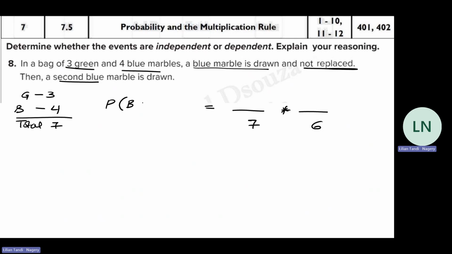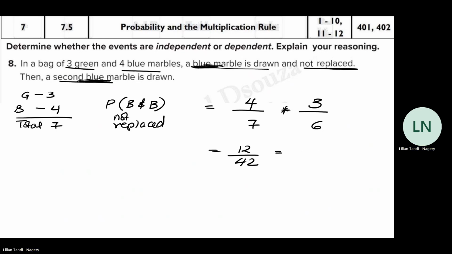Probability of blue and blue. The first one is blue, the second one is also blue, and not replaced. How many blues? 4. If I don't replace it, 3 will be in the next selection. This is 12 over something, 42? Yes. When you simplify this, you should get 2 over 7.